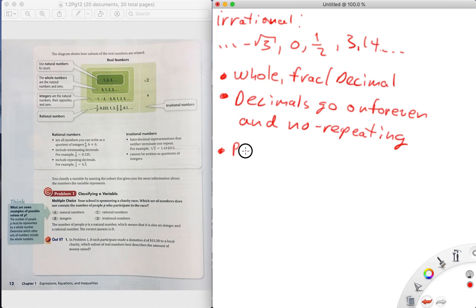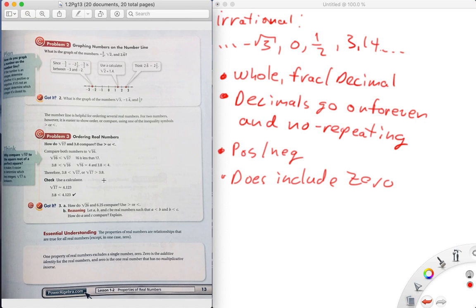They can be positive or negative, and does include 0. Okay.